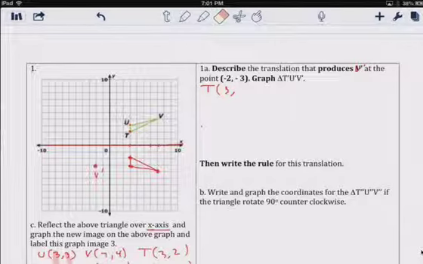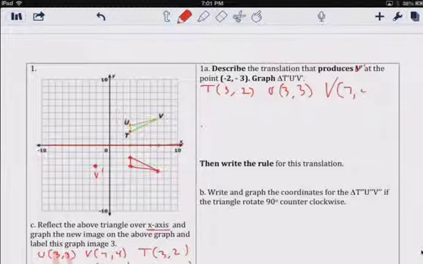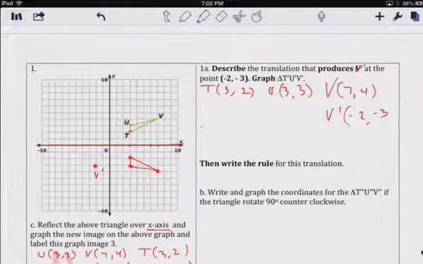Look at the image instead of the pre-image. U is 3, 3. Let's make a V look like a V. V is 7, 4. So this V prime is now -2, -3. So you can see, you can do this.